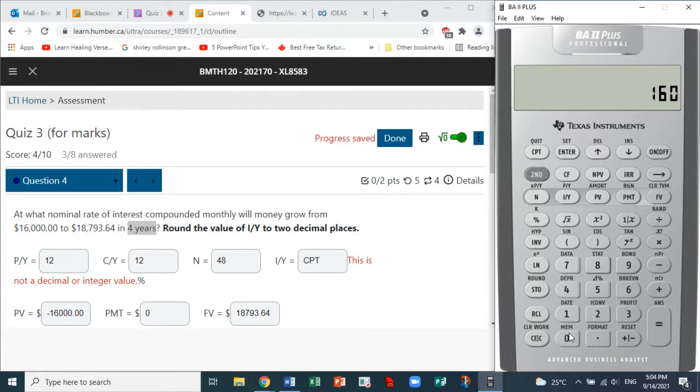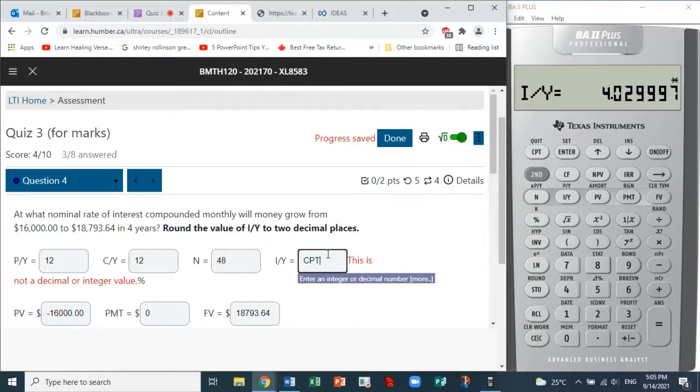Okay, 16,000. And we have to put one of them in as negative, present value or future value. Okay, so the present value goes in as negative. Future value is 18793.64. That's the future value. And then we compute the interest, and the answer is 4.029997.